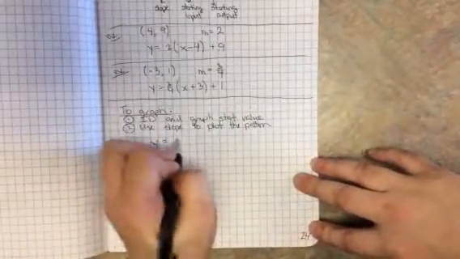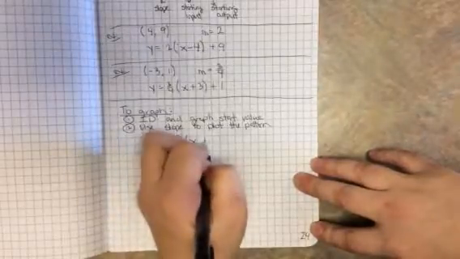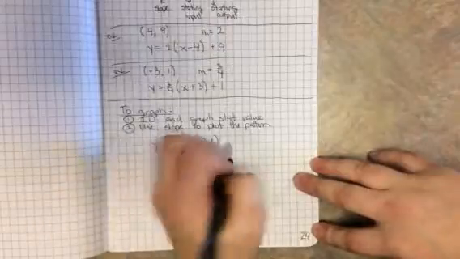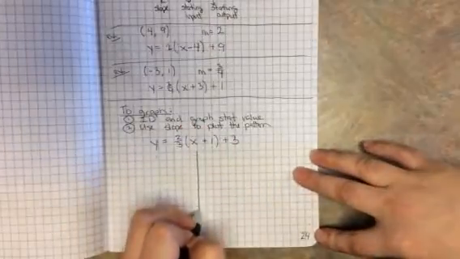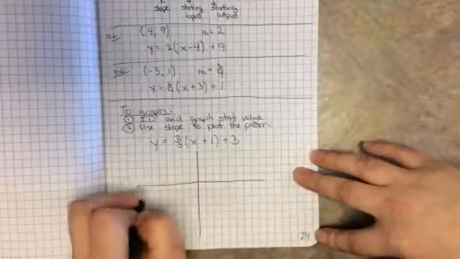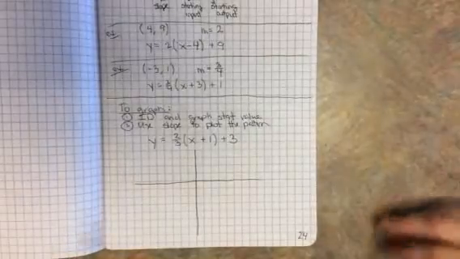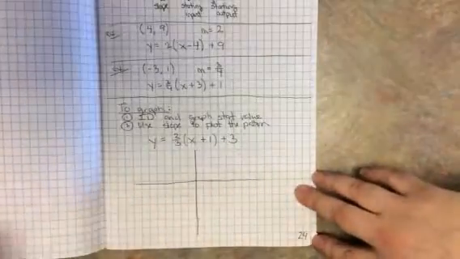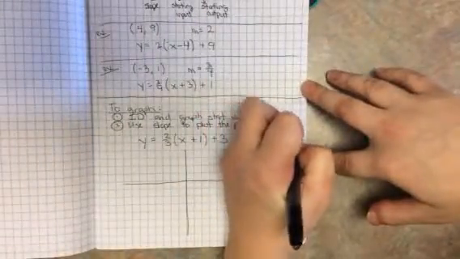So here's one. So if I want to graph this, we're going to set up a little graph. The first thing we have to do is ID the start value. Yeah.